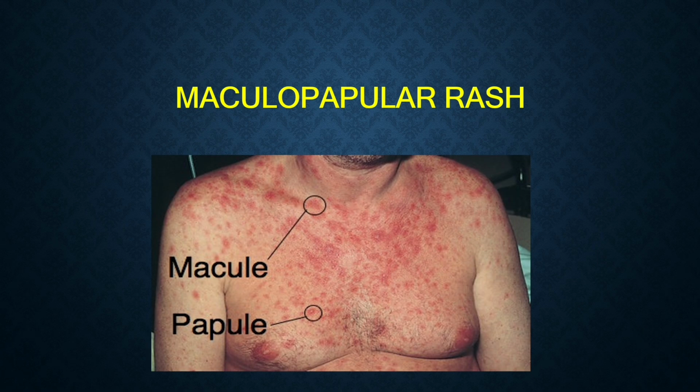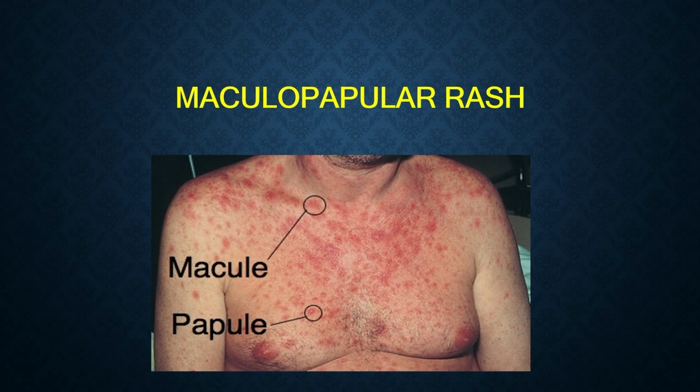Second, one of the most important side effects that is observed with these penicillins is maculopapular rash. Here, two things are defined. One is the macule. Macule shows spread of a rash, and papule shows swelling of that particular area.